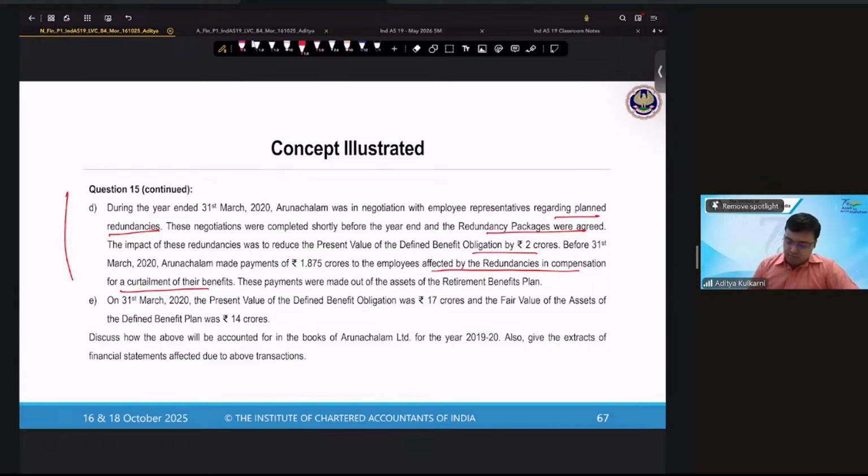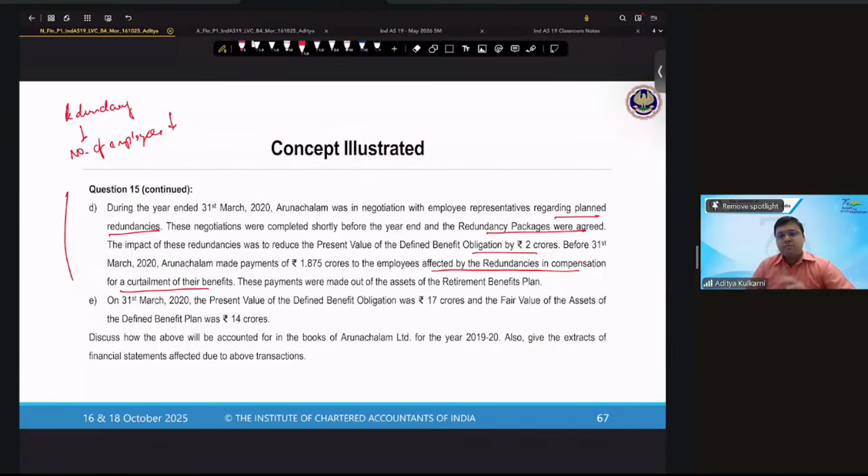Redundancies means the number of employees reduces. When the number of employees reduces, can I say that the number of people who will benefit from the plan will reduce?